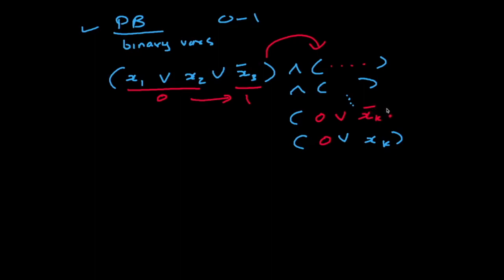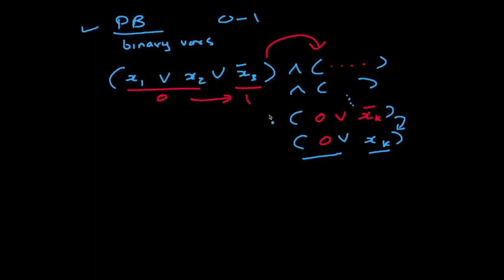So here it propagated xk to be equal to 0, and once we propagate the value of xk over here, all of this part is 0, and if we set xk also equal to 0, then this clause is entirely false.